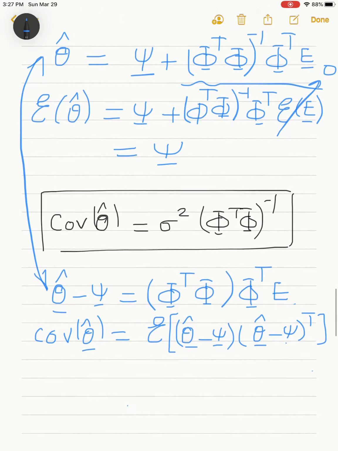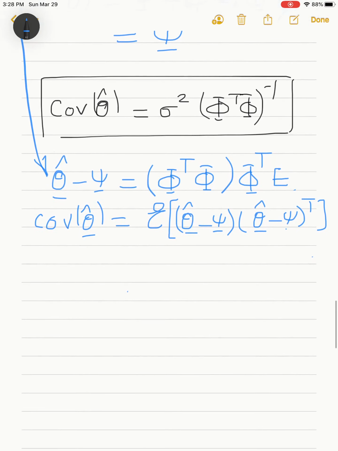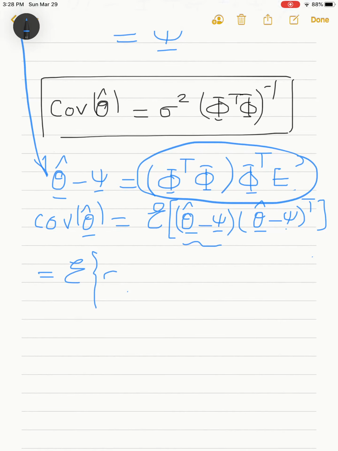So I am going now to substitute for theta hat minus psi from this equation here. That would give me the expected value of phi transpose phi inverse here times phi transpose E, and then the transpose of this quantity.